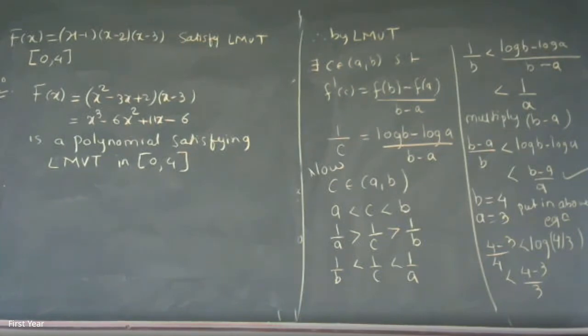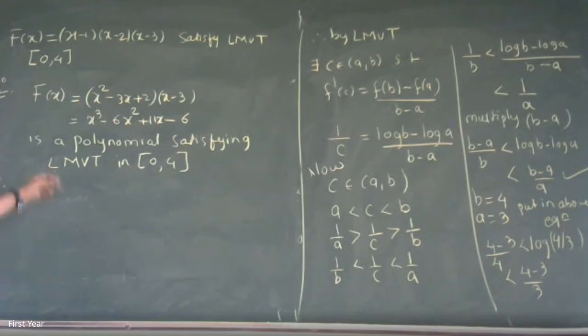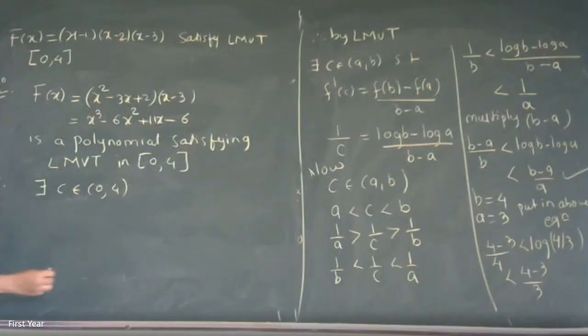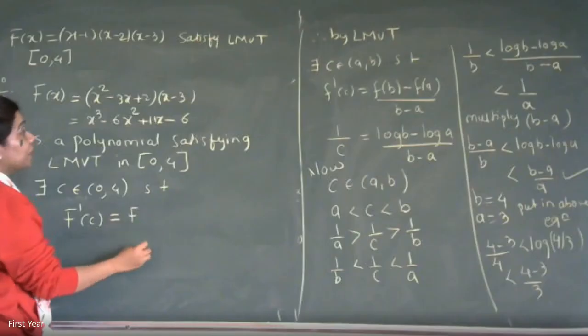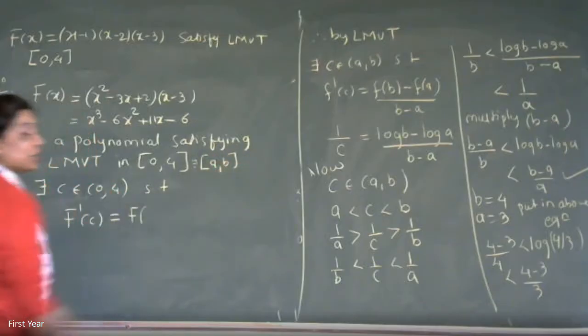Chetan Patil? Yes, ma'am. Tell me, if it is satisfying LMVT, what is the next statement? By LMVT, there is at least one value of C belonging to the open interval 0, 4 such that f dash of C is equal to f of B minus f of A upon B minus A. So A is 0 and B is 4.